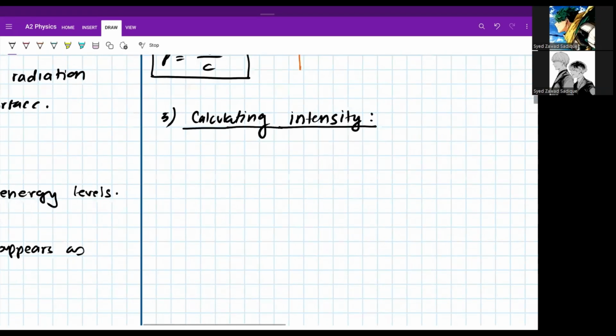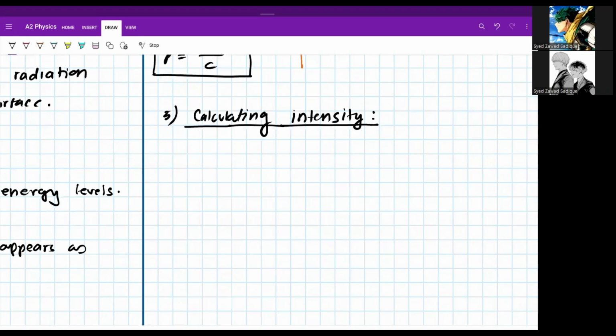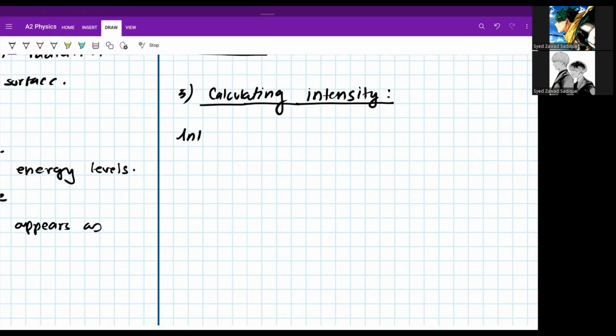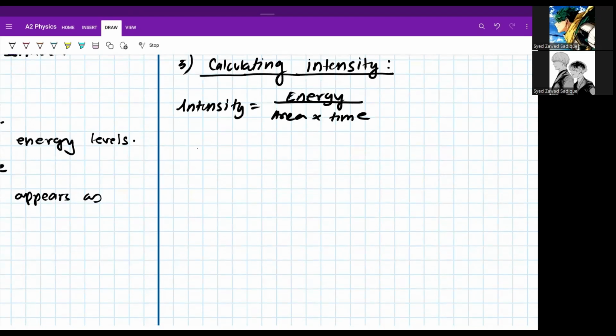It never came after 2022 or even after 2015, and I'm still writing it down. That is, intensity is equal to energy divided by area into time, where intensity is proportional to energy.